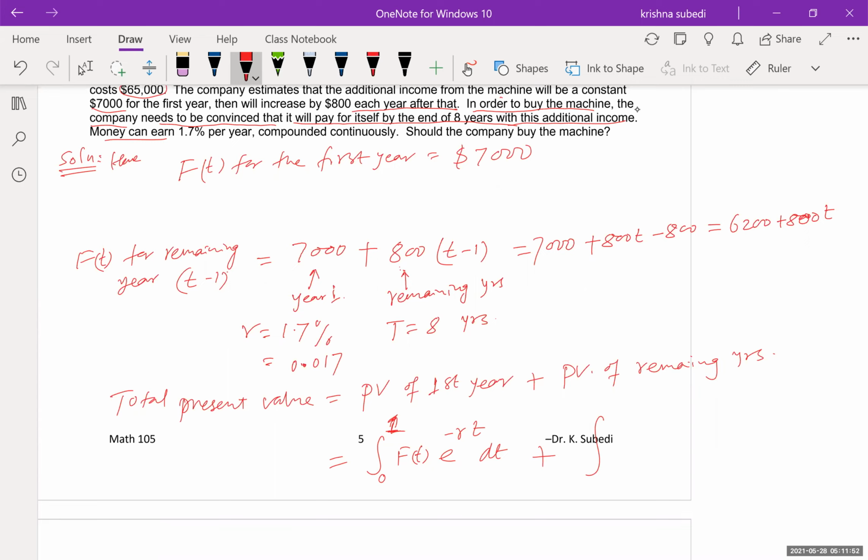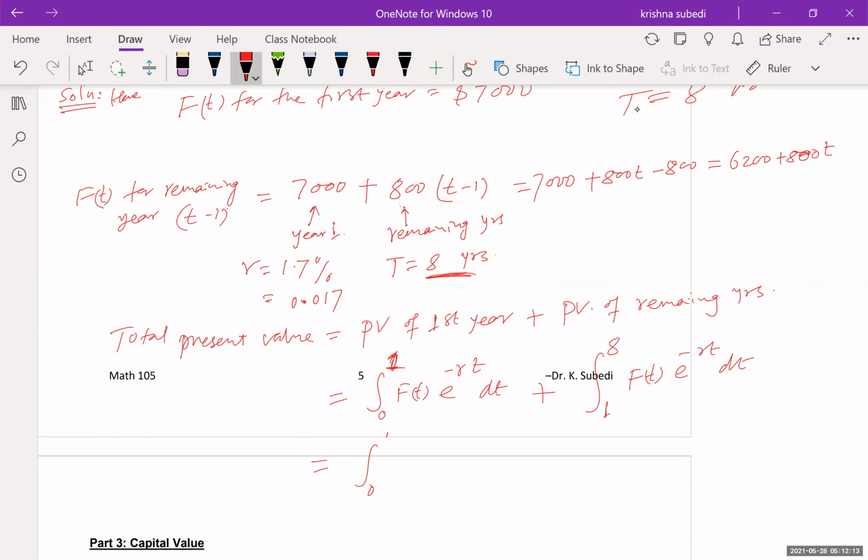Remember, the total t is 8 years given. One year is already gone, so this is 1 to 8, f of t e to the minus rt dt. So we need to split into two parts.